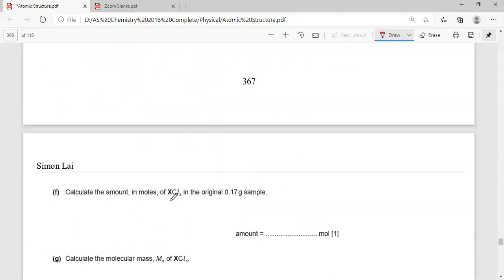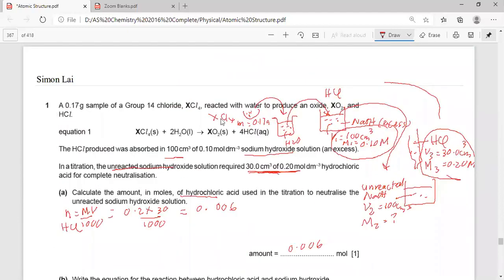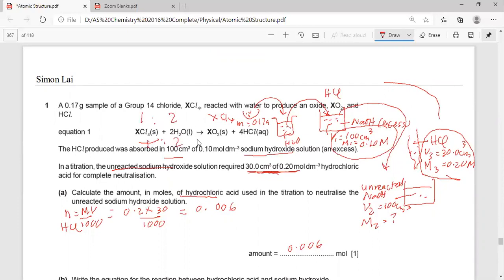So now the final part. Calculate the number of moles of XCl4 originally here. Now, how many moles reacted here? Remember, 1 mole reacts with 2 moles, 1 mole is to 4 moles. So 4 moles of HCl come from 1 mole.